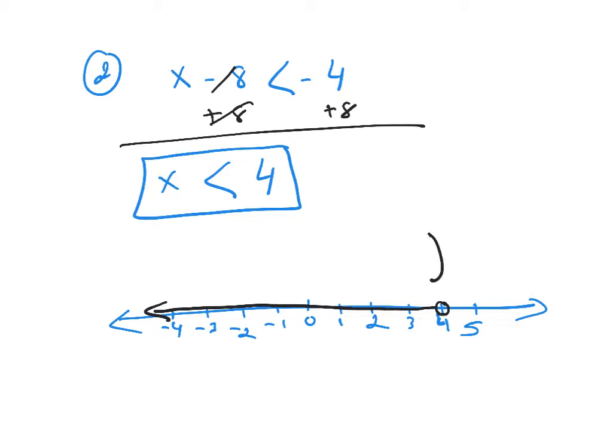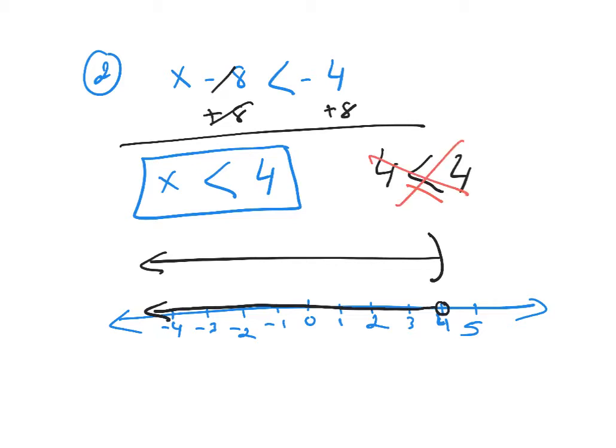The empty circle indicates that 4 is not included. We cannot pick 4 as a solution because 4 is not less than 4. However, 4 is less than or equal to 4, that's correct, but this statement is not correct. So we can't include 4 in the solution set.